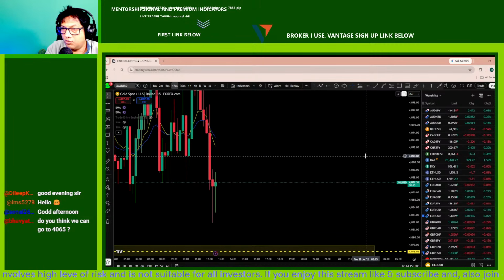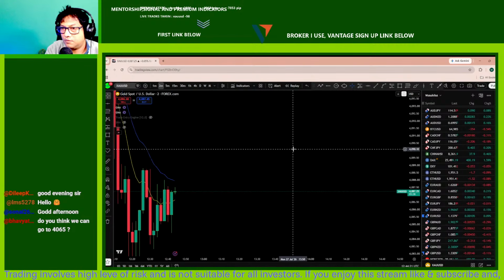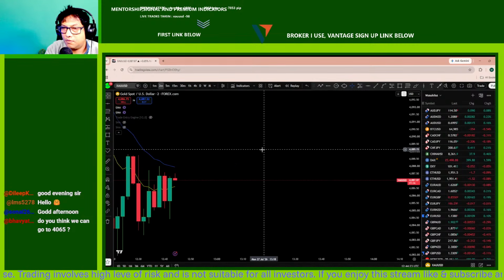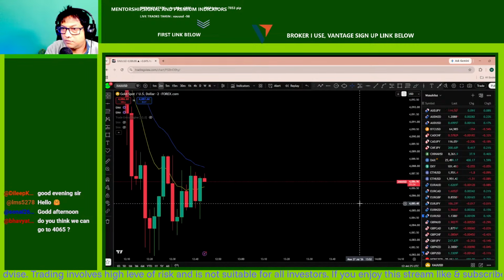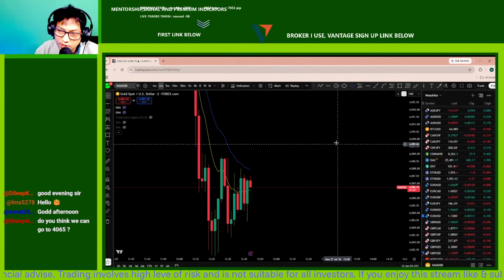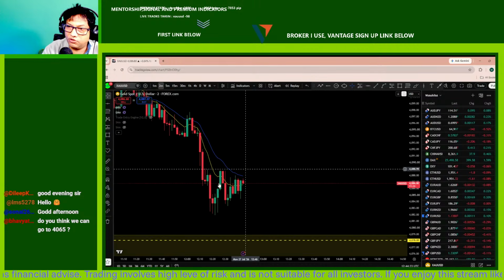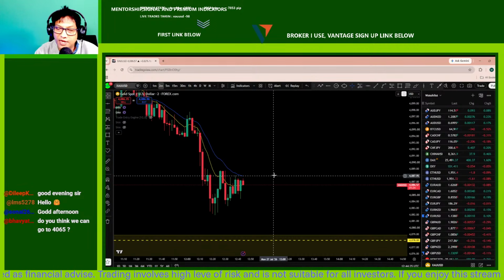There's another narrow doji that has formed at this level. With multiple liquidity sweeps, this is a very weird structure being formed here at this level that you can see.